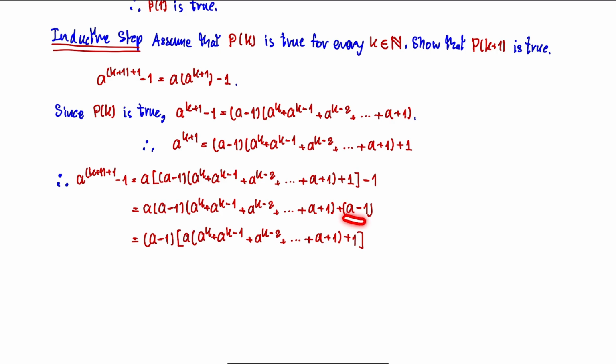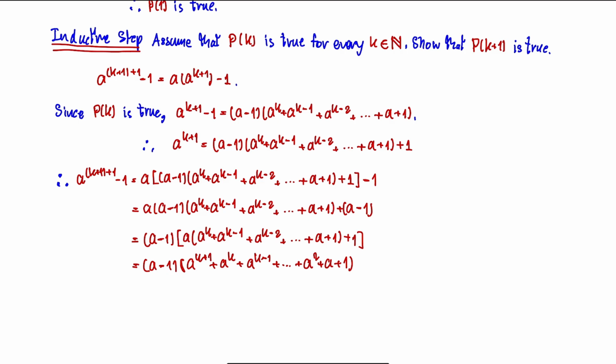Because this a minus 1 has been factorized to be here, this term becomes 1. So we distribute this a, so what do we have? We've got a minus 1 times a to the k plus 1 plus a to the k plus a to the k minus 1 and so on, plus a squared plus a and plus 1.